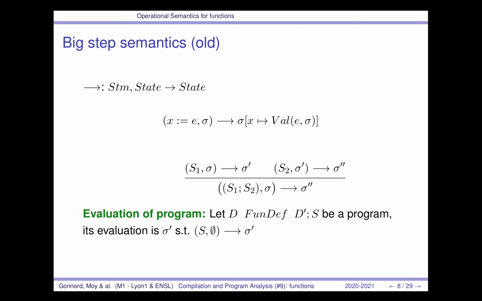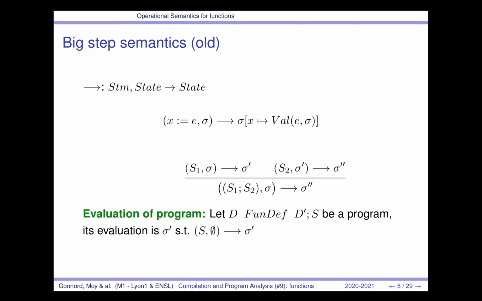So it uses several steps, of course, to do it, but a big step semantics takes a statement, which can be as complex as you want, an initial state, and produces a resulting state, which is the state reached by evaluating the whole statement. Even if it contains loops or anything, it will just do everything in one big step.